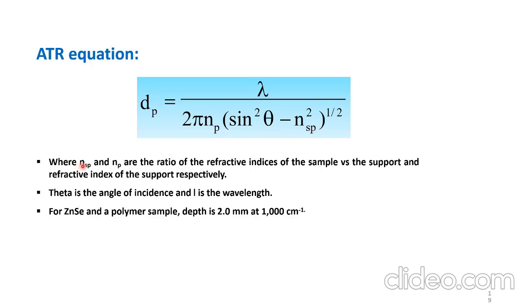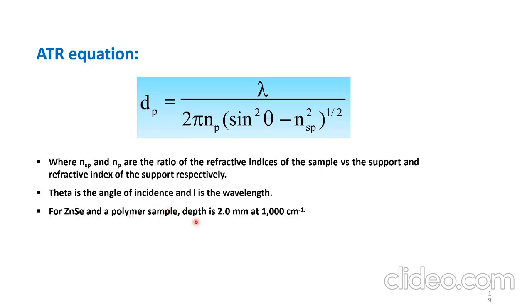So NSP is the refractive index of the sample, and NP is for the support. And theta is the angle of incidence, and sorry, this is lambda. Lambda is the wavelength. So, for example, if we are using ZnSe, we know the refractive index of the support, and a polymer sample will have a specific refractive index.